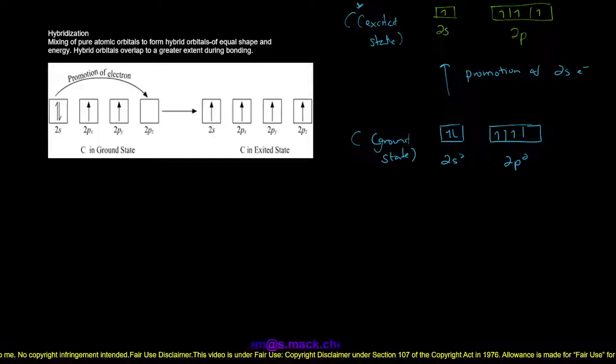We now have an s electron of pure s character and 3 p electrons of pure p character. These pure atomic orbitals can then mix to give rise to a new type of orbital called a hybrid orbital, such that we can define hybridization as the mixing of pure atomic orbitals. These may be s or p atomic orbitals, such that a hybrid orbital is formed.